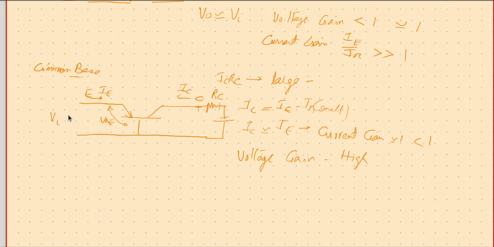The common application is when you look from this side, the impedance is small because this end is forward biased, therefore the impedance looking from the input side is small, whereas the collector base junction is reverse biased and hence the output impedance will be larger.